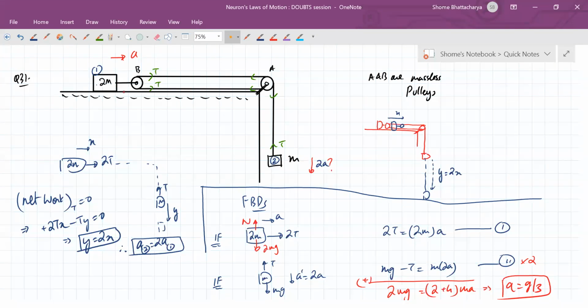Okay. Now let's also come to part C of this question. So part A and B are done. As part A is done, we have found the acceleration of capital M, that will be twice of this, 2g by 3. Let's also do part B and part C. Just go through the question, I'll explain.